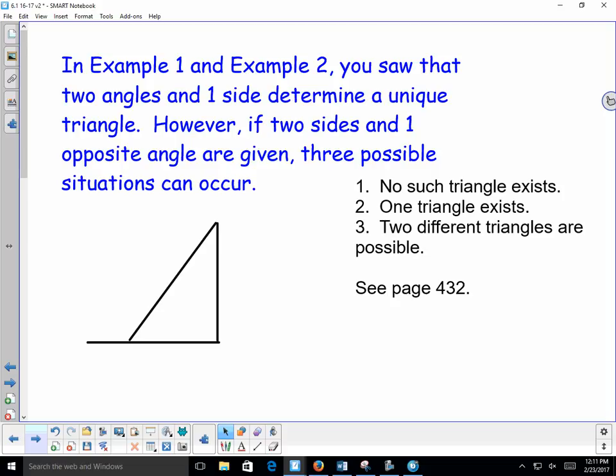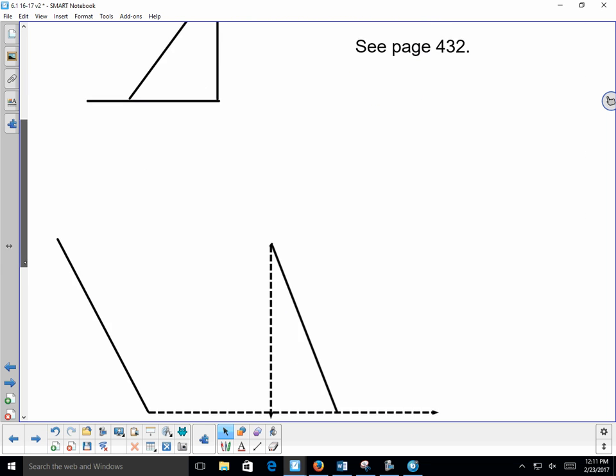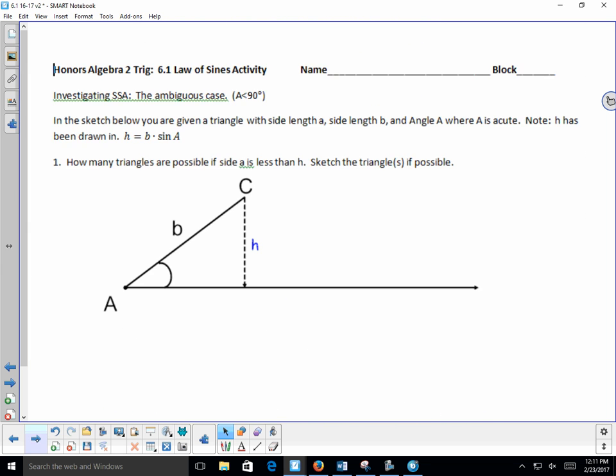So we're investigating whether no such triangle exists, one triangle exists, and so on. So let's take a look at this little activity. It says, in the sketch below, you are given a triangle with side length A, side length B, and angle A, where A is an acute angle. Note H has been drawn in.